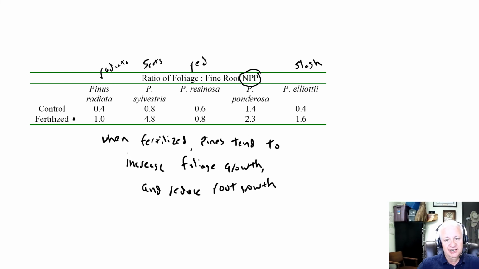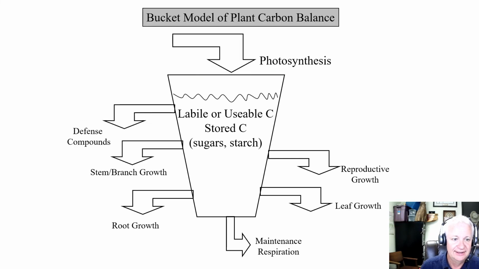So really, the effect of fertilization on photosynthesis rate is not that important. What fertilization does is shift allocation towards foliage, allows the production of many more leaves, and that greater number of leaves fixes in total more carbon. So we can think about that in the context of this bucket model of carbon balance. So, let's say this is before fertilization, and root growth is fairly large here.